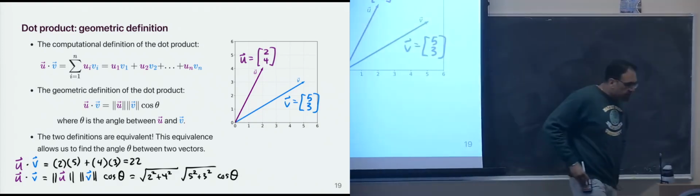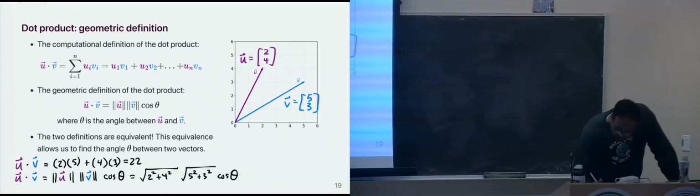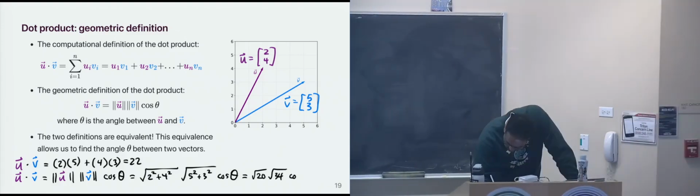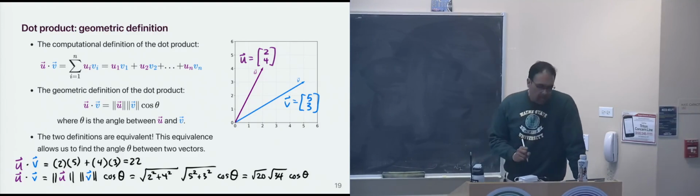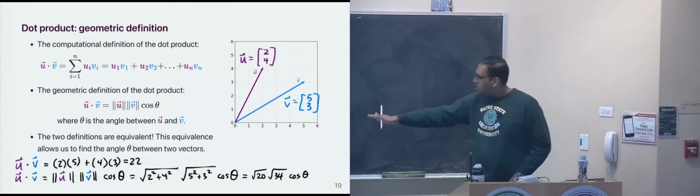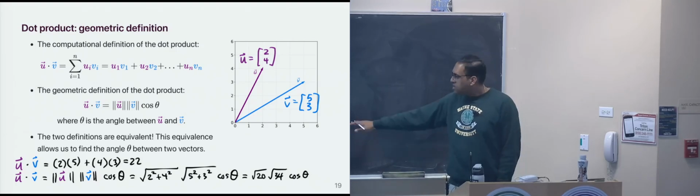So what does this end up being? It ends up being the square root of 20 times the square root of 34 times cosine theta. And again, you're asking, why do I care that this is the dot product?